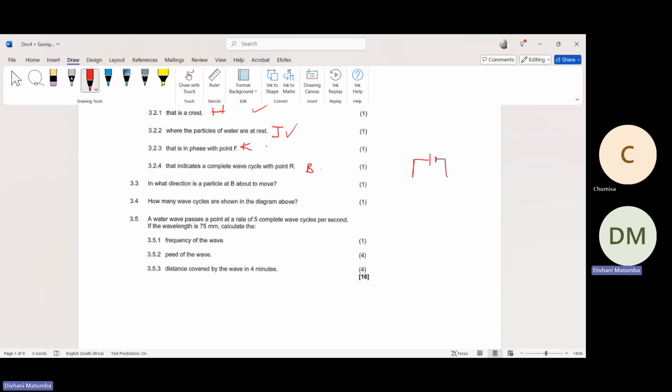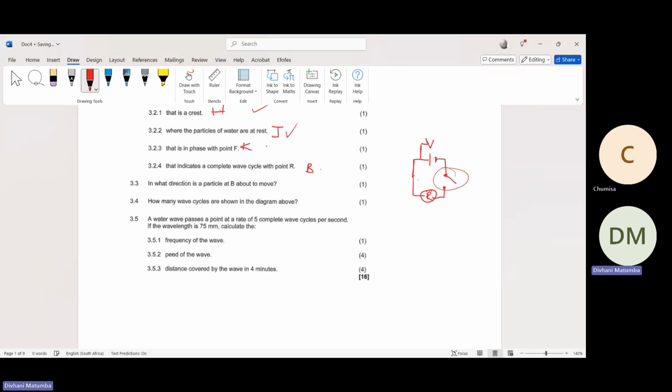You go and measure the potential difference across the battery when the switch is open. You agree? Yes, sir.